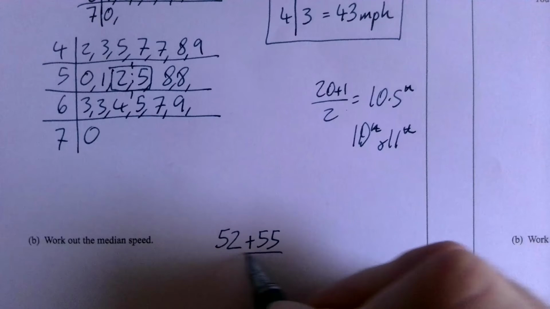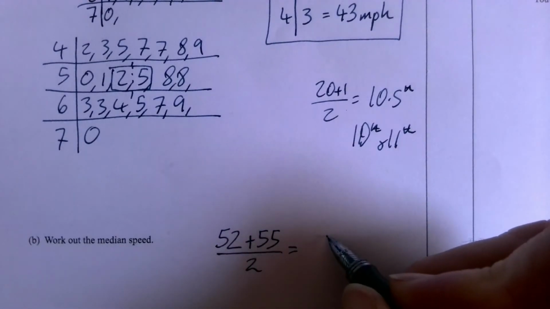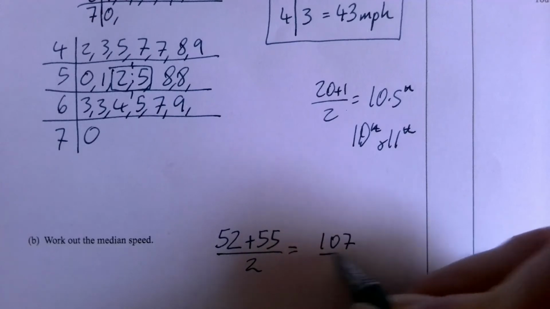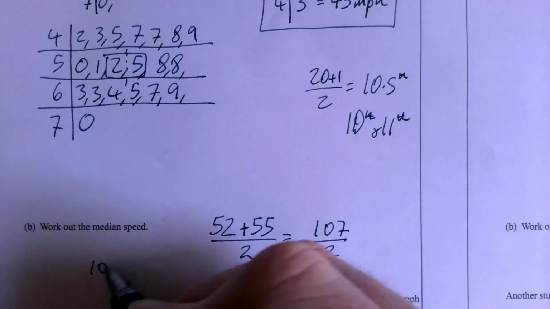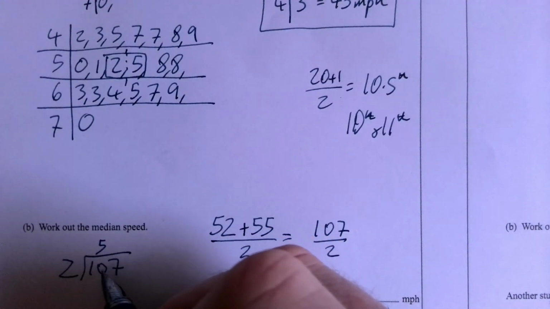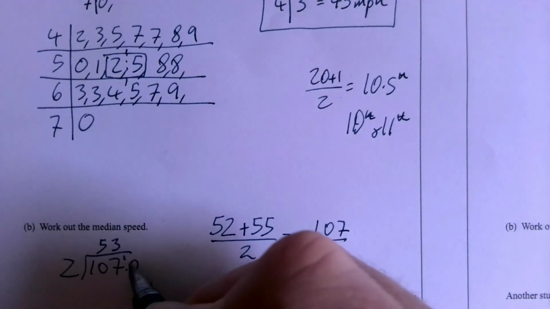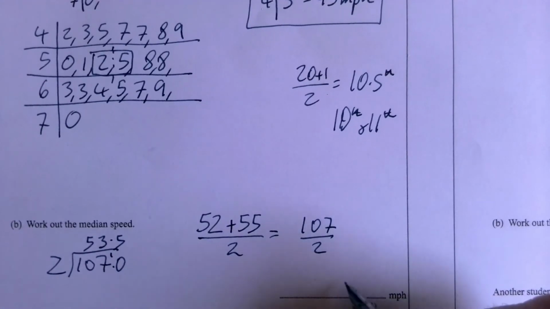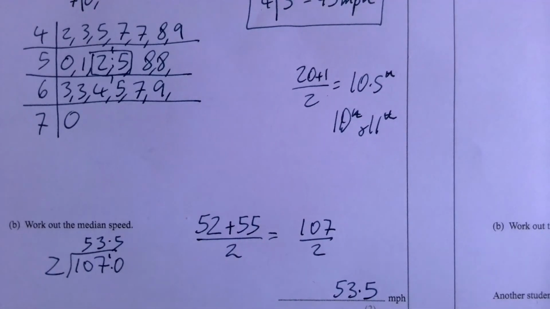So to make sure we get halfway between those, we could add those together. 52 and 55 makes 107 divided by 2. Well, if you divide 107 by 2, you get 2 goes into 10 5 times, into 7 3 times, with 1 left over. So it's 53.5 miles per hour.